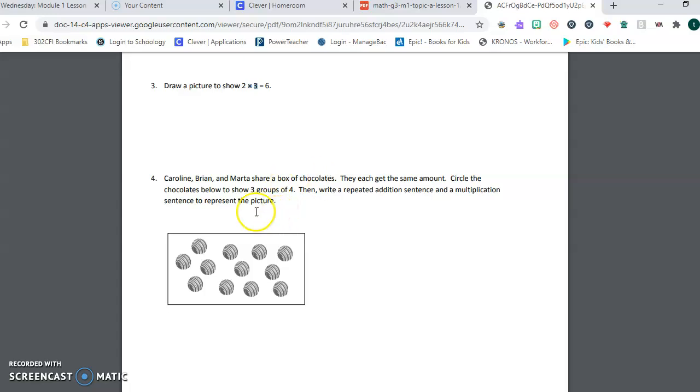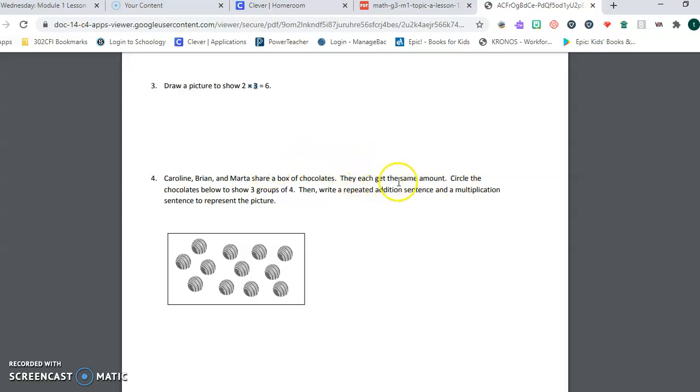So I'm thinking maybe they want me to divide up this box of chocolates a certain way, so that each of these 3 people get equal parts. Let's see. They each get the same amount. Oh, there it is. It tells me they're all going to get equal parts. So 3 people sharing the box of chocolates.